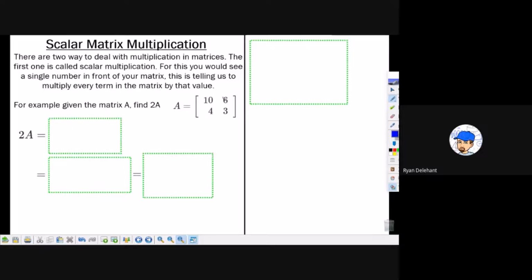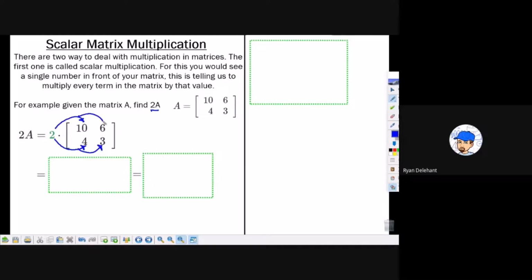So I'm going to start here with matrix A, and I want to find 2A, that's 2 times the matrix A. Now, when you see that, it's a number, a single number and a matrix. What this says is we're going to take everything inside this matrix and we're going to multiply it by 2.